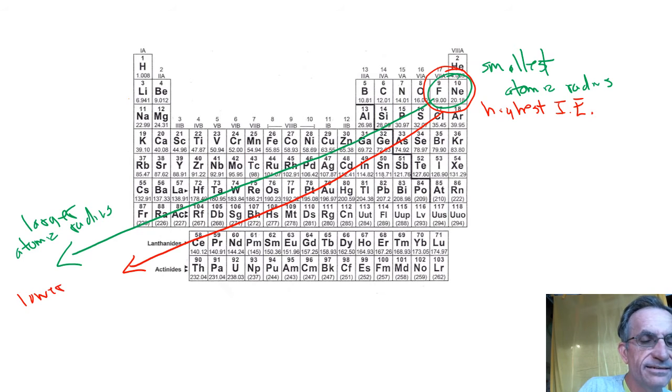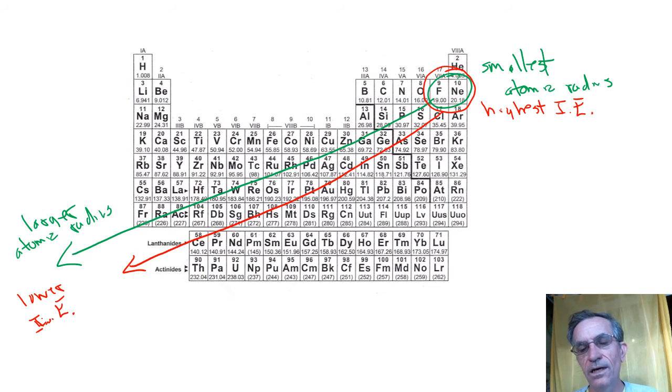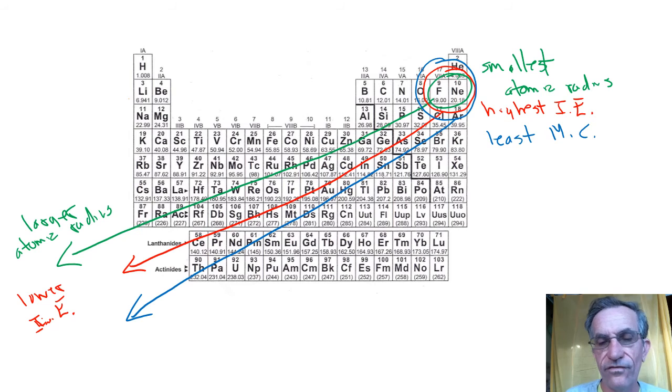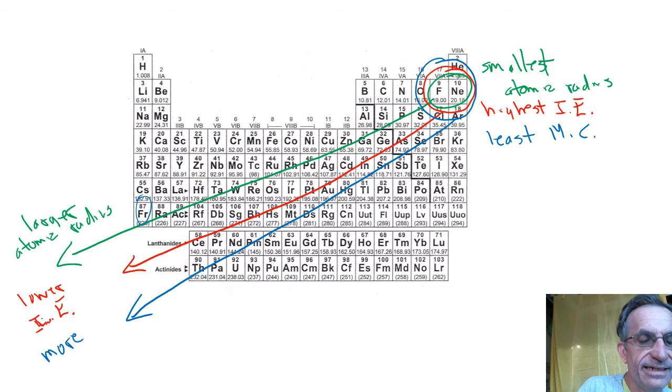I'm just going to write IE for ionization energy. The last one we talked about was metallic character. This top corner, these guys have the least metallic character. And as you go across and down, over towards this corner with francium and all these guys, you're getting more metallic character.